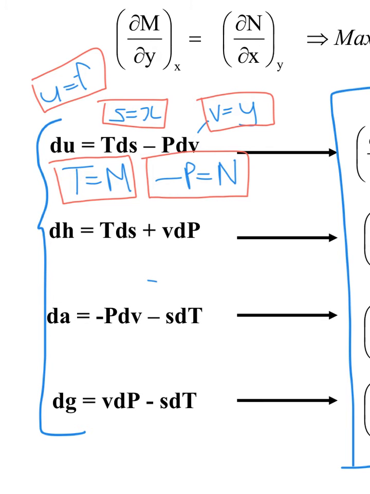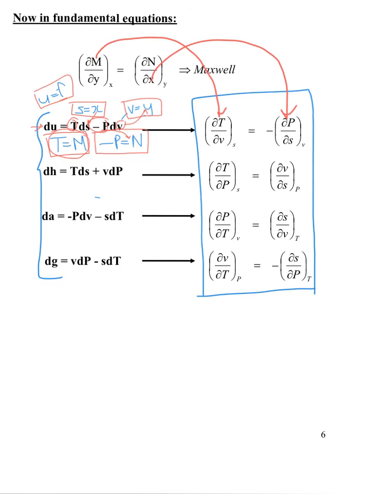So, as one last example, if we consider this first fundamental equation, we realize that this temperature again is the placeholder of that slope, minus pressure is the placeholder of the second partial slope, U is f, S in this equation represents x, and volume is equal to y.